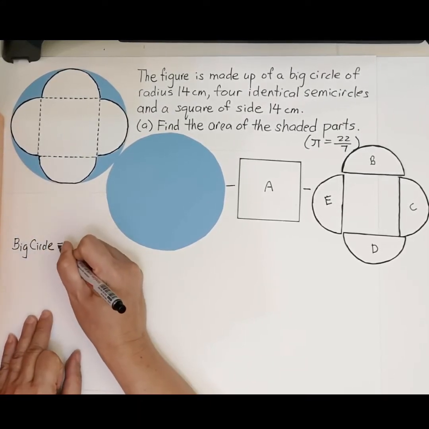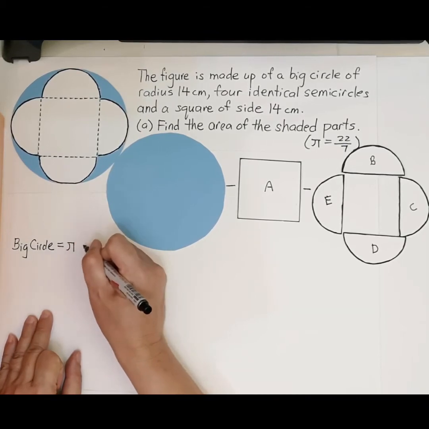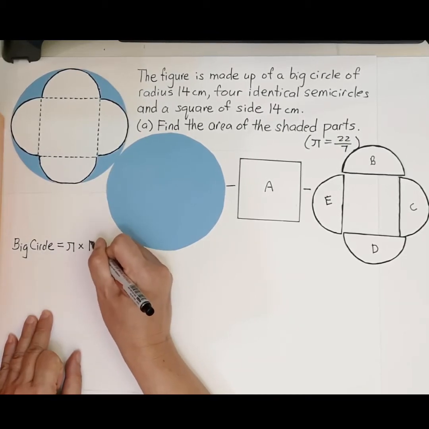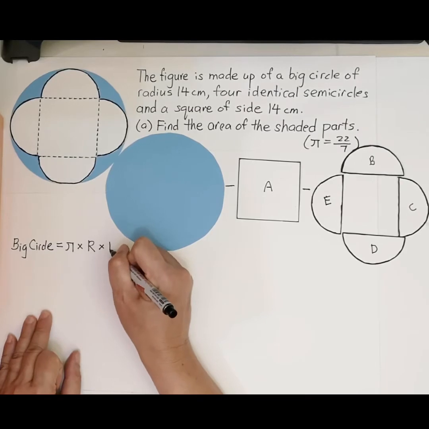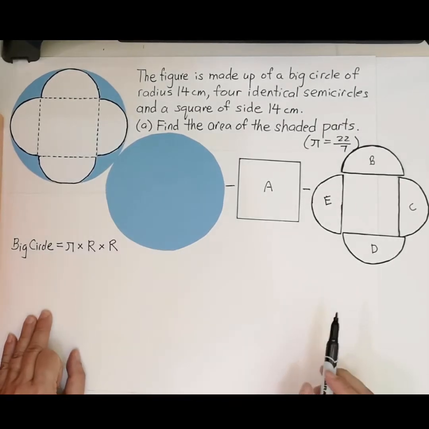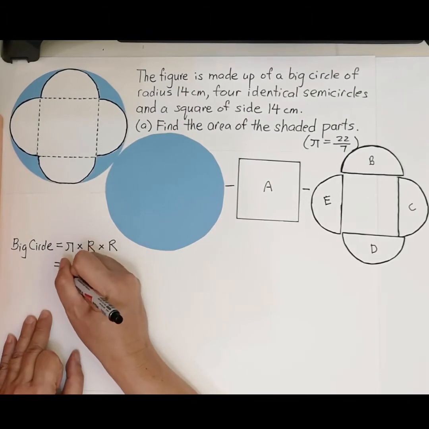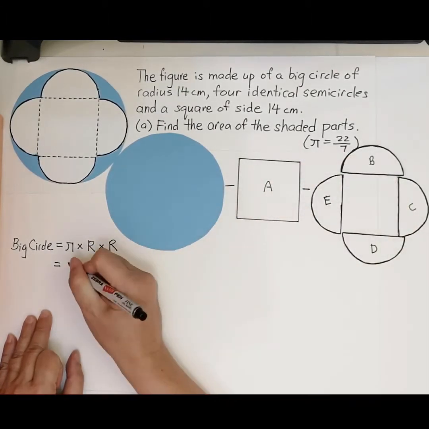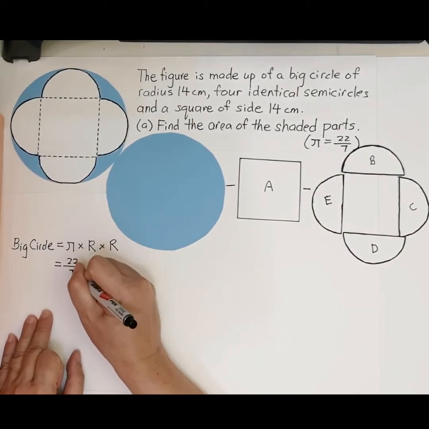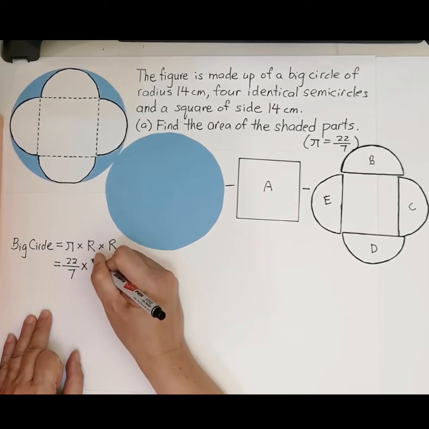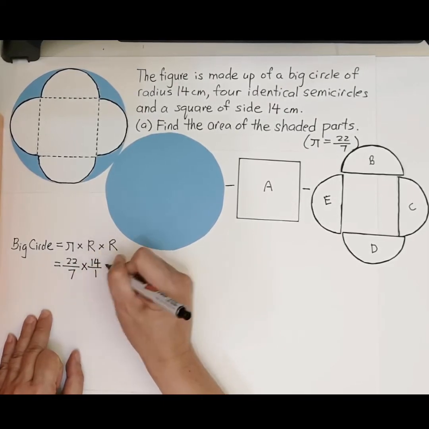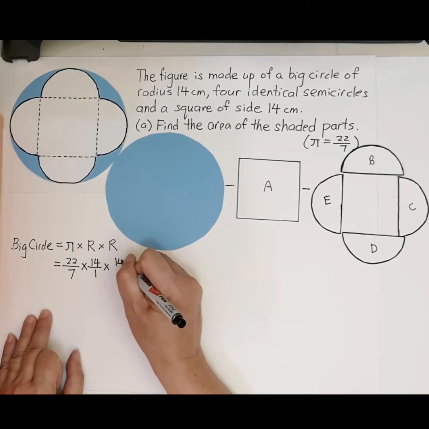To find its area, the formula will be pi multiplied by radius multiplied by radius. The radius of the big circle is 14 centimeters and pi is given as 22/7. So we have 22/7 multiplied by 14 multiplied by 14.